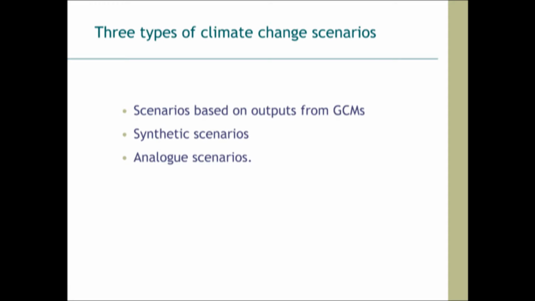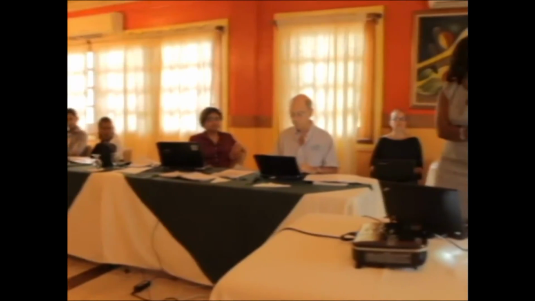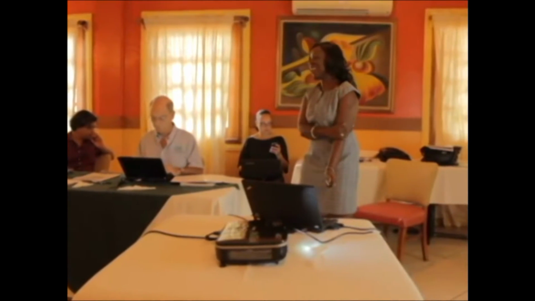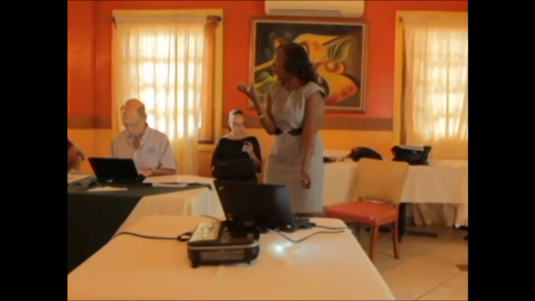The first will be the scenarios that are based on outputs from the global climate models. And this one is very, very popular. Scenarios that are based on outputs from the global climate models. And that's why yesterday I gave you a little handout on that. Not a lot of reading, but you know, it's good to read.